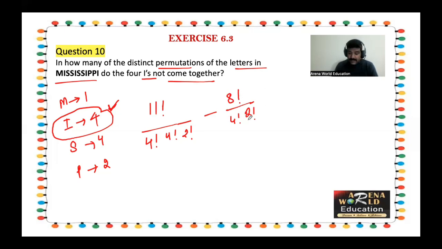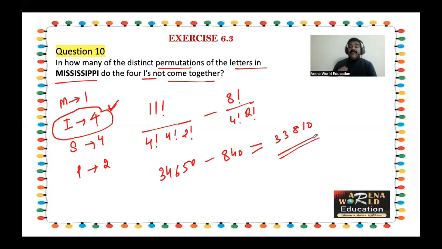So what is the final answer, guys? Just solve this one. I'm just writing the final calculation, 34,650 minus 840, right? And what is the final answer? It is 33,810.